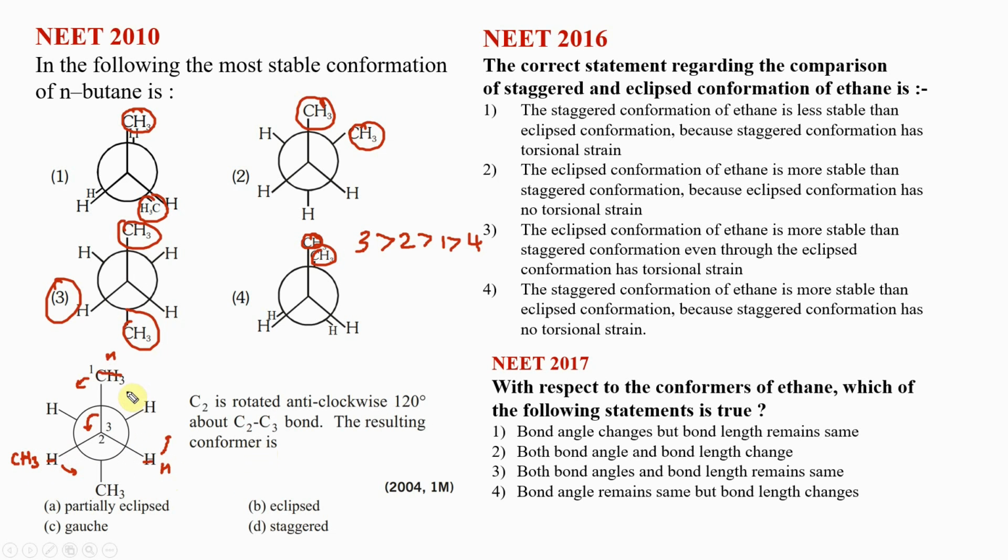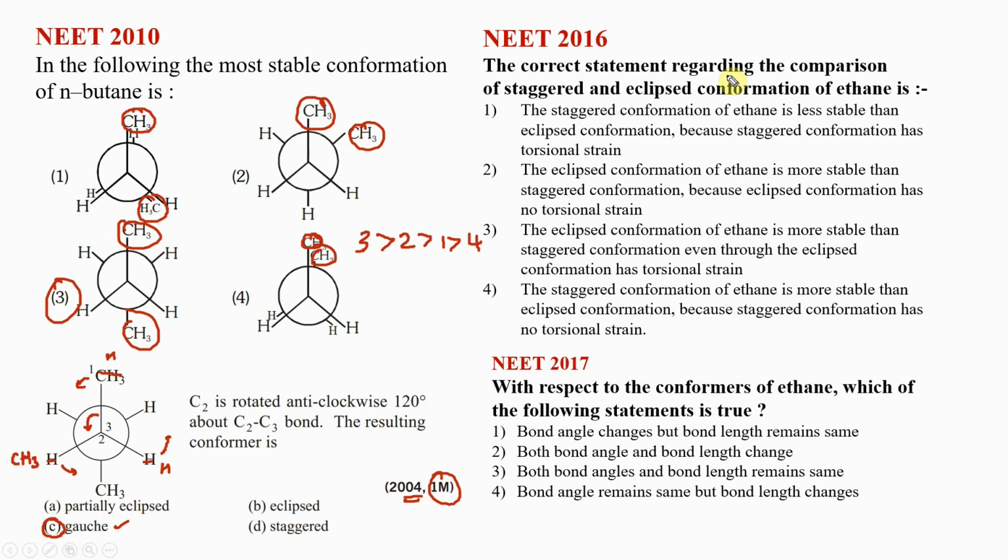The resulting conformer is, so what would it be? The CH3 and CH3 are close enough. So you call them gauche. What is the given one? Given one is anti, and if you rotate 120 degrees, it's a gauche. This is JEE Mains 2004. So look at the mark they gave. 1 mark question because it's so simple. You don't have to do anything.